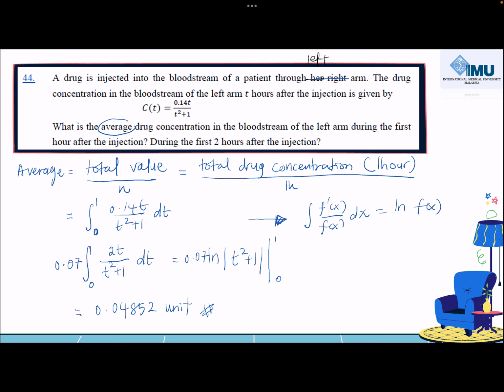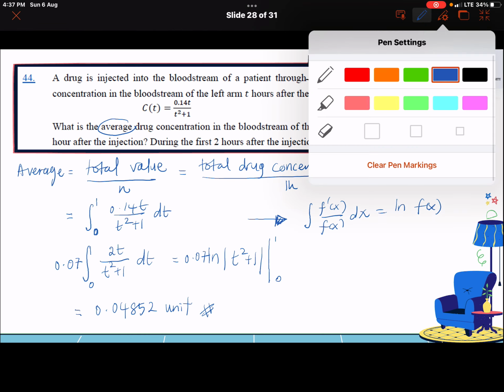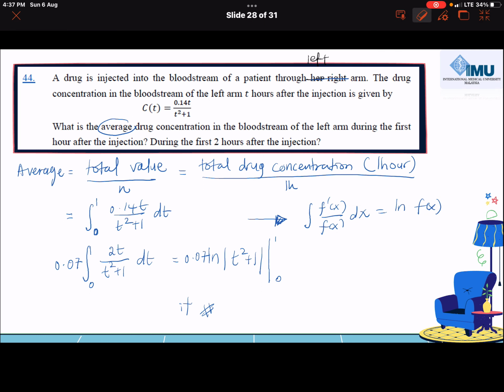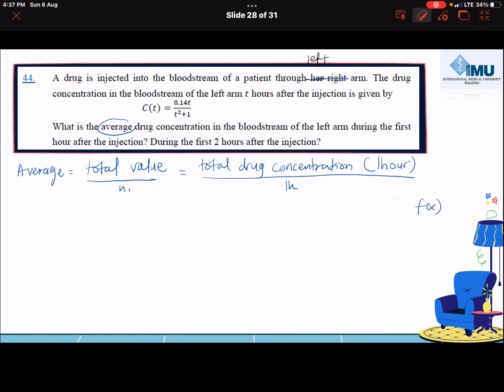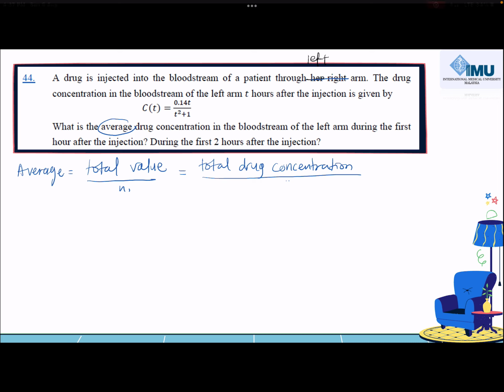Now, let's look into the second part. During the first 2 hours after the injection. Now, let's clear the working steps for the first part. Since we want to find the average of 2 hours, our formula for average will change. This one will be the total value of the drug concentration in the first 2 hours divided by 2 hours.